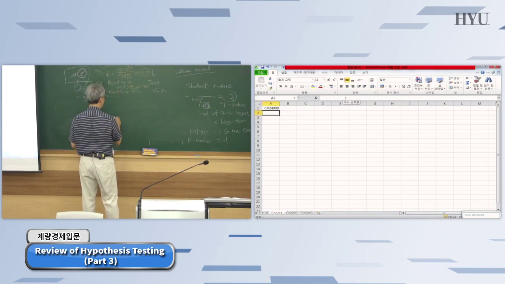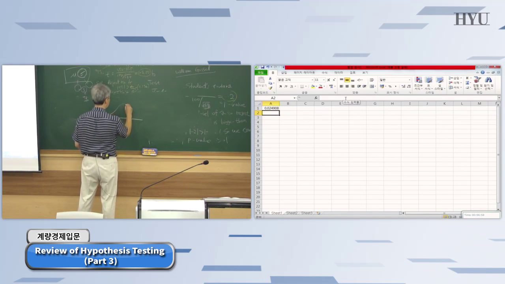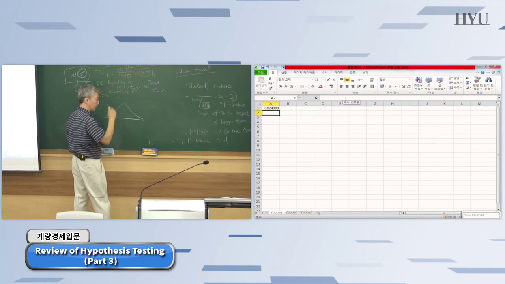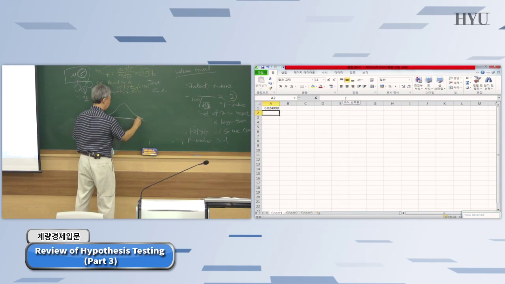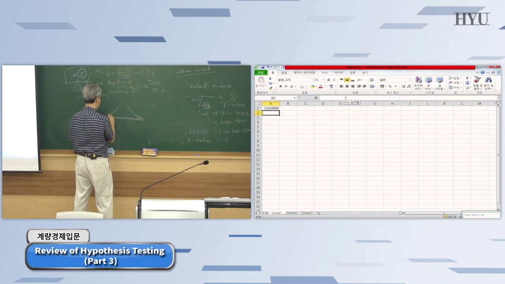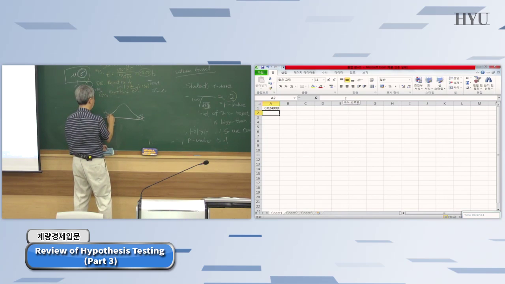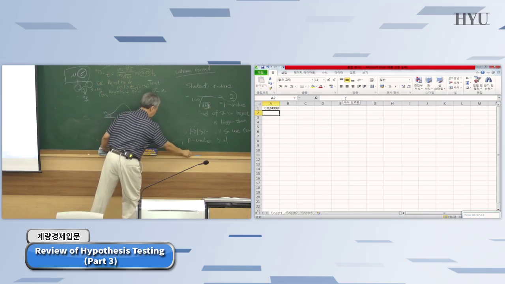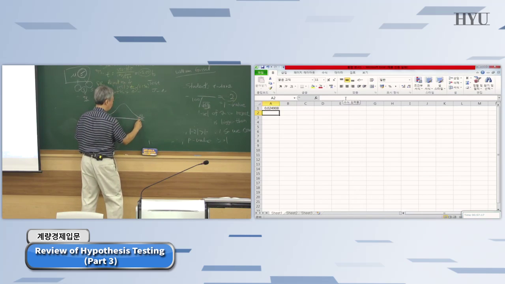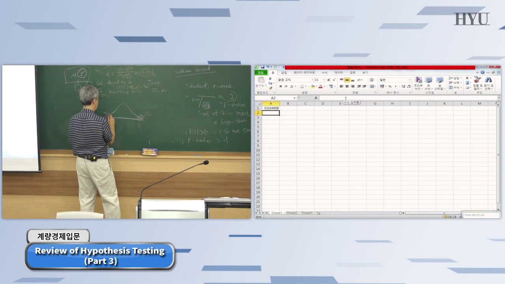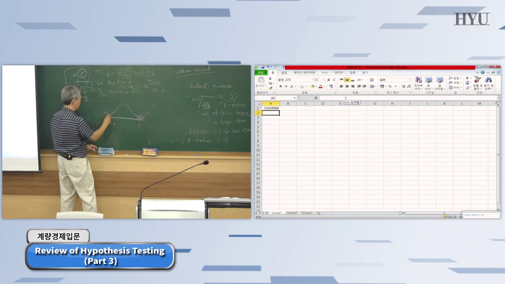So if you were running a two tail test, you will have your rejection region on both sides, right? And that's half of alpha. And when you have your test statistic, you're going to have half of p here, and negative test statistic, and negative half of p here, right?